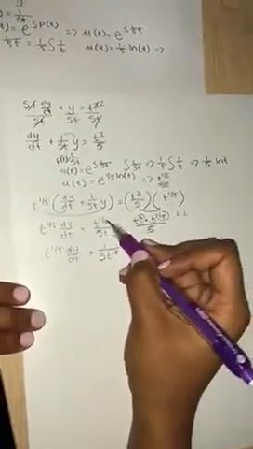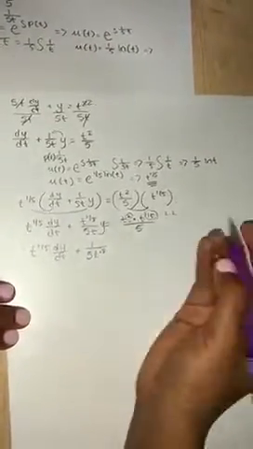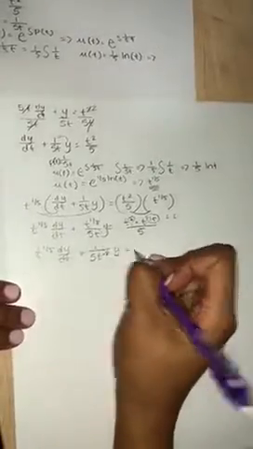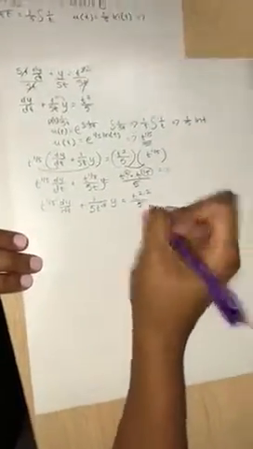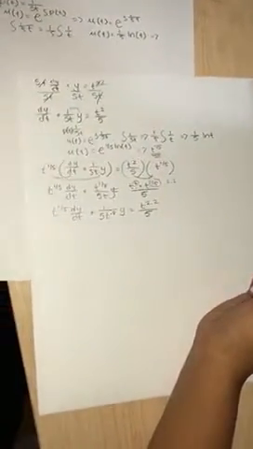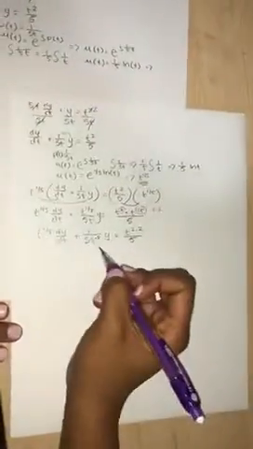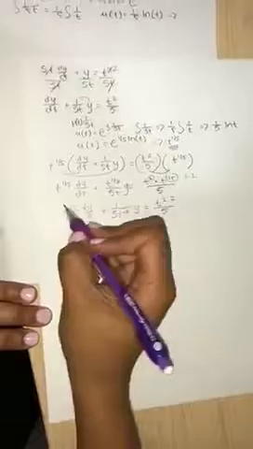That's because you do 1 over 5 minus 1. y equals t to the 2.2 over 5. I'm sorry, I got a little confused at first.